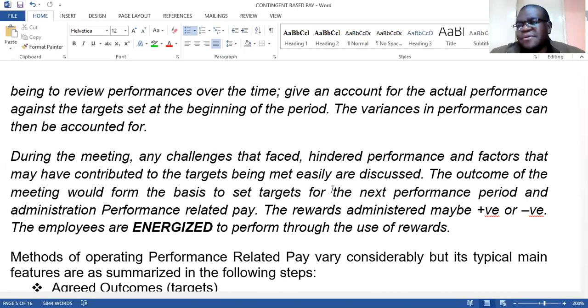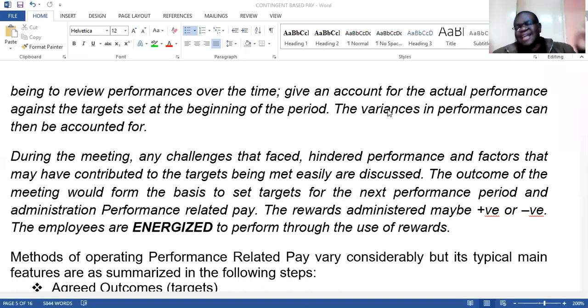Then we begin to understand how the individual performed. What challenges did they encounter that may have contributed to them easily meeting, surpassing, or failing to meet the performance target?